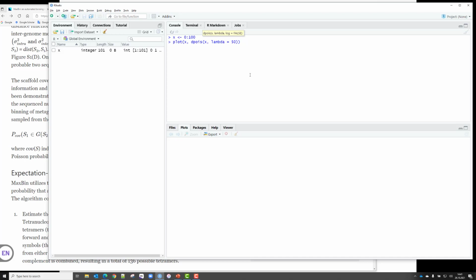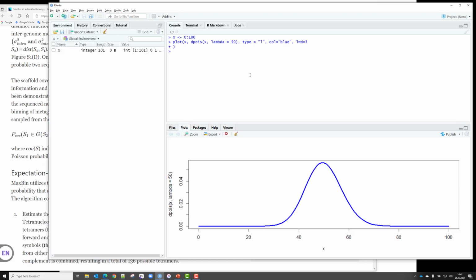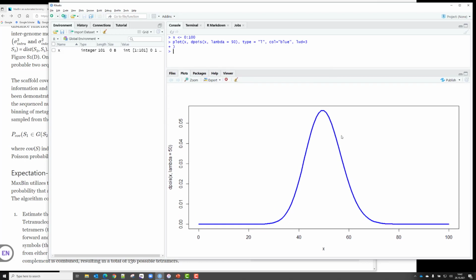Coverage 50 in S2 contig. I want to have a blue curve here, and I want it a little bit fat as well. There it is. So this is the Poisson distribution when you have coverage 50, right? We can see the peak is at 50, and it has some variance here.